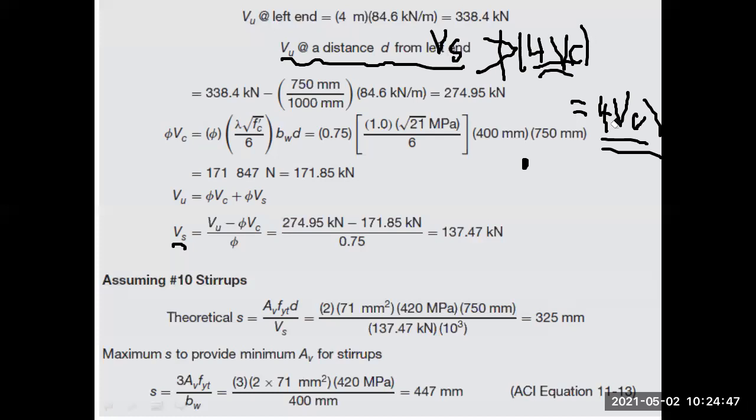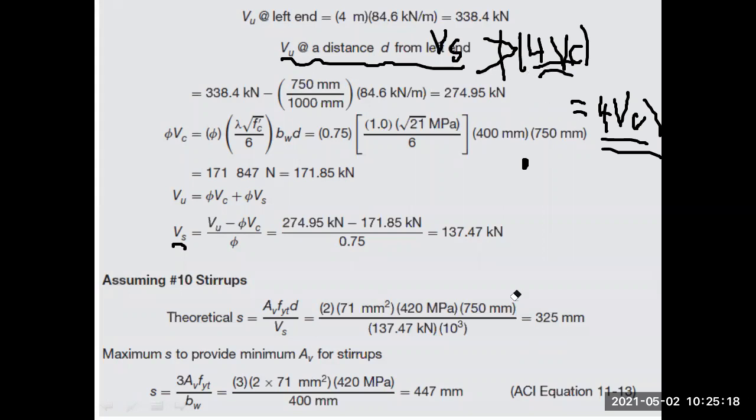My question just now was about the shear force that the stirrups should take. We have a limit, which is for VC. 4 VC is the maximum that stirrups should take.